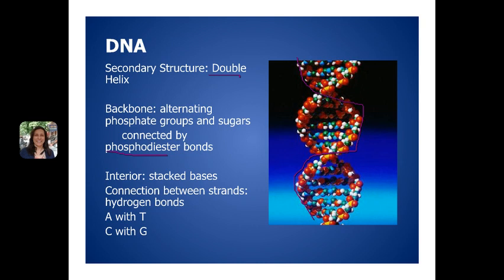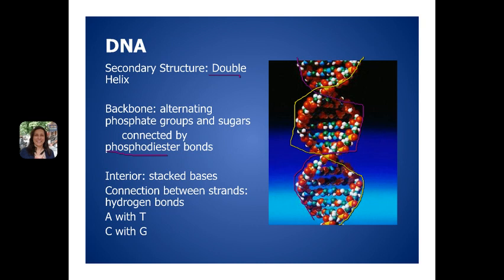So I circled one, or I followed one in purple. Let's follow the other one in yellow. That's the other backbone for the other side of the double strand. And then the bases are connected to each other. The bases are on the interior and are the horizontal parts that we see.